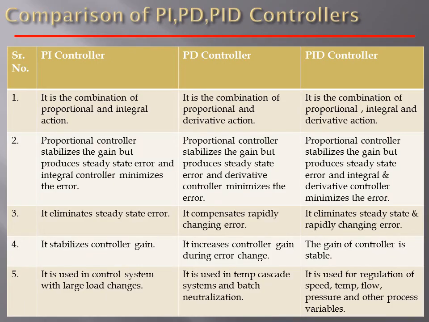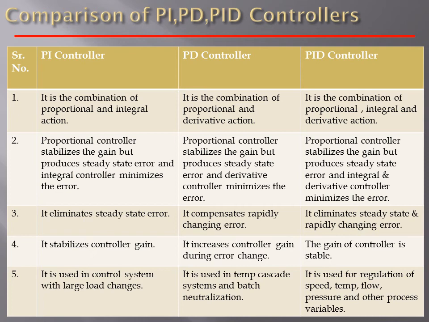Then comparison of PI controller, PD controller and PID controllers. The first point is PI controller is the combination of proportional and integral action. PD controller is the combination of proportional and derivative action, and PID controller is the combination of proportional, integral and derivative action.